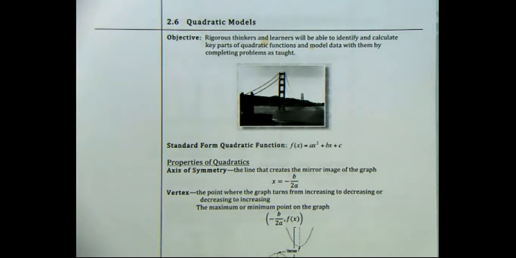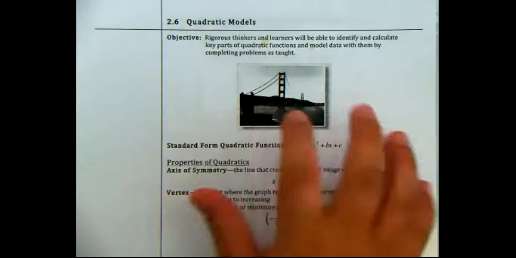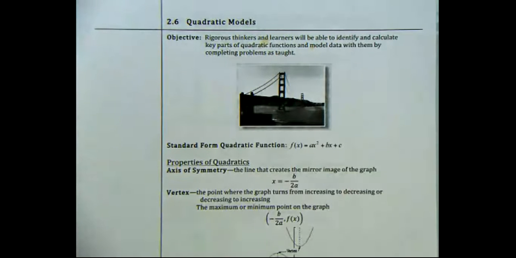So there's a lot of different places that you can see quadratic functions being used in the real world. As I mentioned, one of the main things is projectile motion. So launching things into the air and then looking at their motion as they're going up and coming down. Other places that you can see quadratic models a lot is architecture, okay, especially civil engineering with bridges and the bridge lines and all that stuff. So this looks like the Golden Gate Bridge, but have you been over the new Long Beach Bridge?